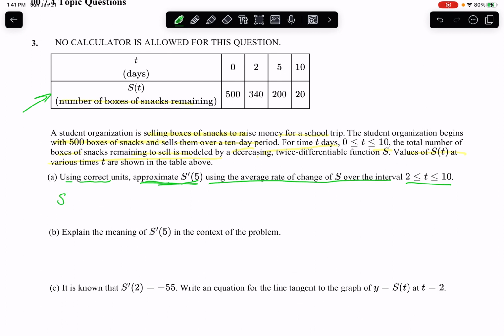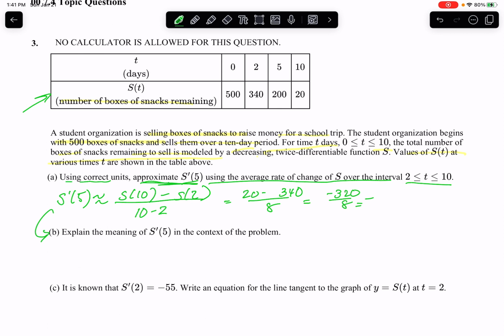We would say that S prime of 5 is approximately, and then we're going to do the average rate of change, S of 10 minus S of 2 over 10 minus 2, which is 20 minus 340 over 8, which is negative 320 over 8, which is negative 40.